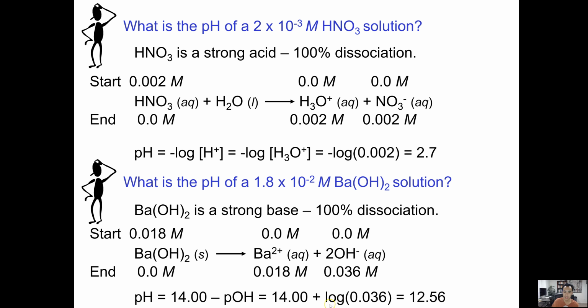So in this specific case, you would figure out the base form, so it'll be 0.036 molar of that, and you take the negative log to get the pOH, which gives you a pH of 12.56. This is a really good example of something where you have to take into account the number of moles being produced when calculating the concentration.